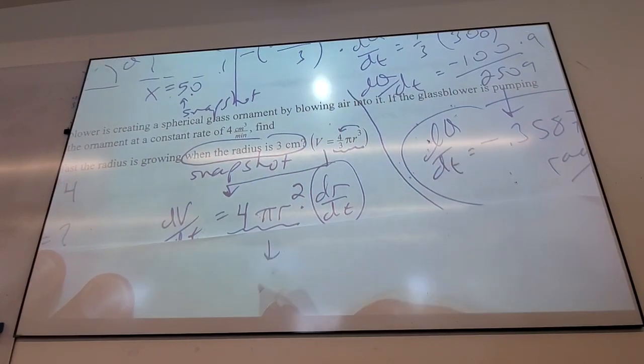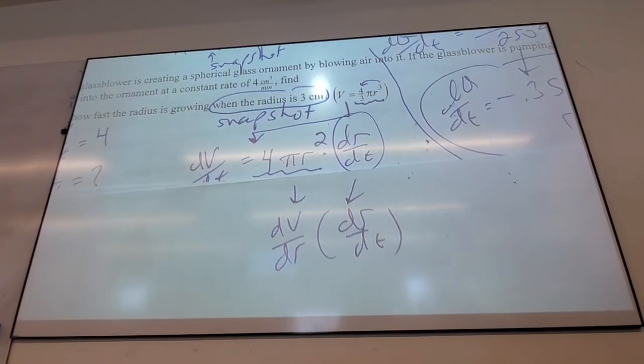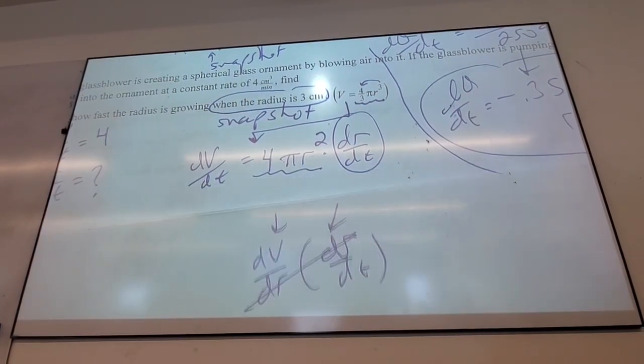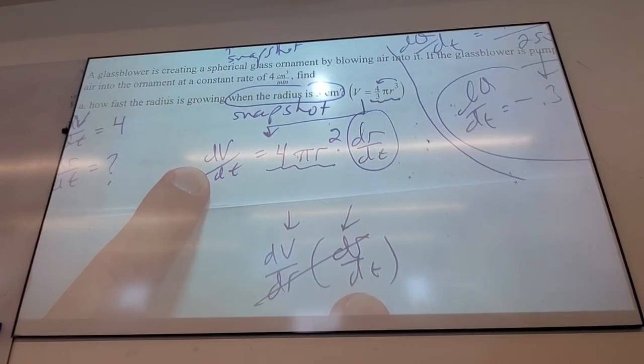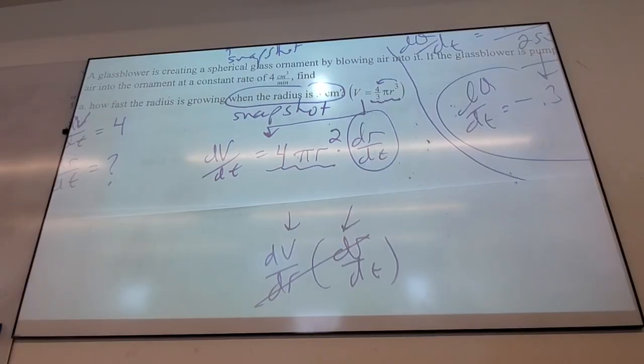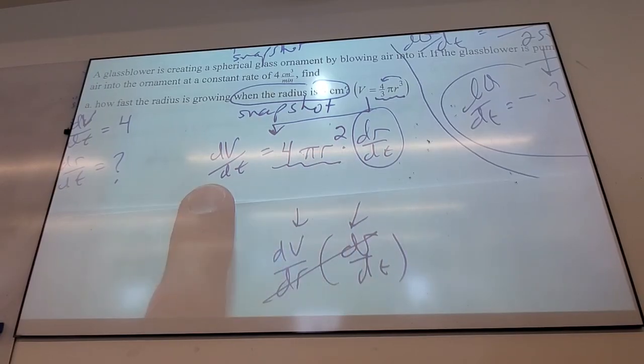This is dV/dr times dr/dt. What cancels? The dr. And what do you get? dV/dt, which is what it's supposed to be, correct? So that is how these symbols go further and actually explain the chain rule requirement. If I didn't multiply by dr/dt, I'd have dV/dr equals dV/dt, and that's obviously wrong.